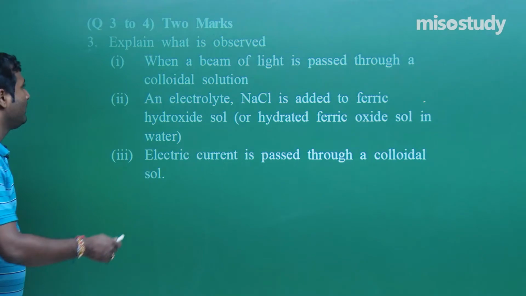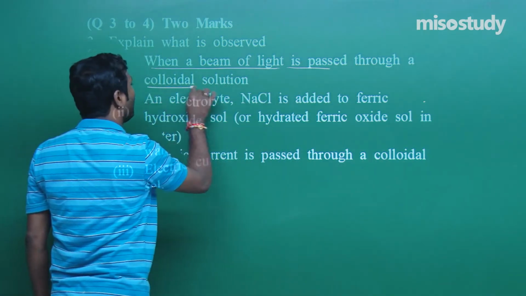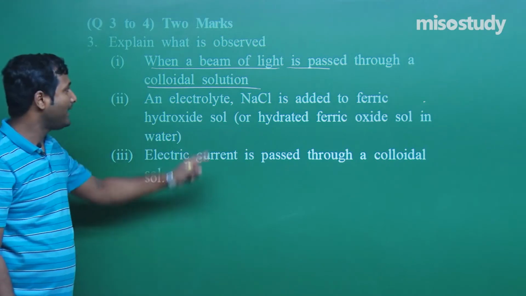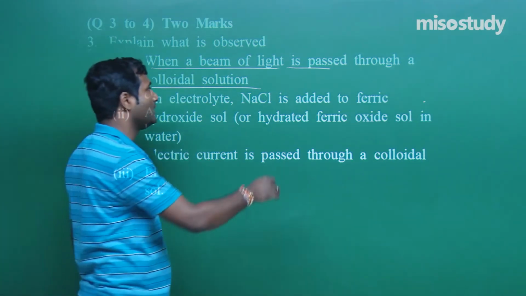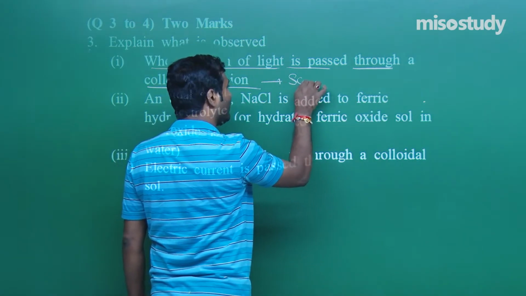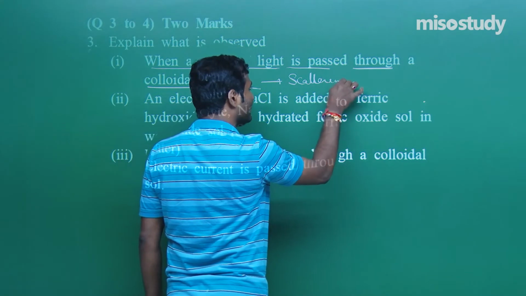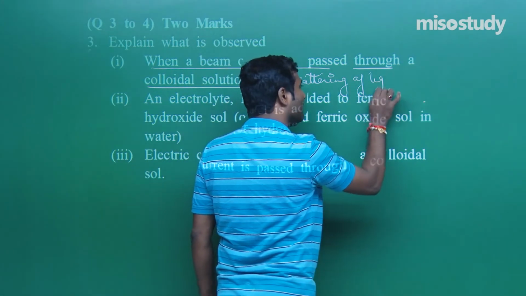It's very simple. When a beam of light is passed through a colloidal solution, what will happen? The scattering of light takes place. Yes, sir, scattering of light. Clear?